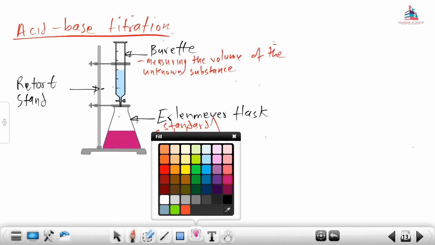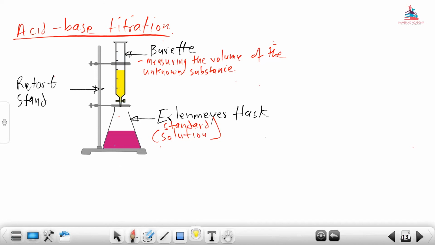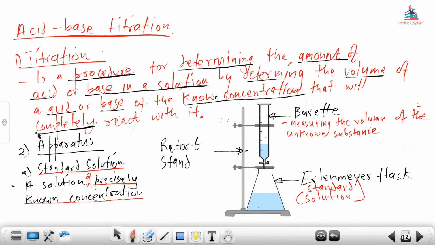Let's change it to yellow also for purpose of emphasis. 100% looks nicer now. So if I don't have something that will indicate to me that I have reached this part of completely reacting with it, then it says I haven't done anything yet.